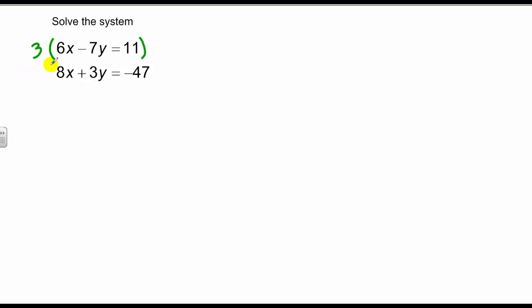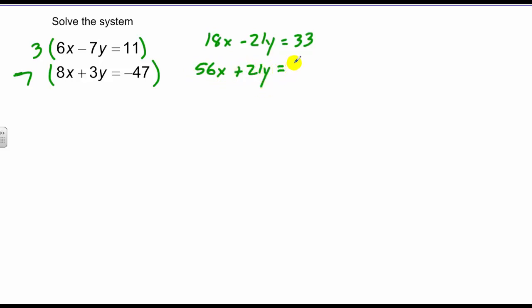So I'm going to multiply the top by 3, the bottom by 7, and then I'll get opposites. The top is going to be 18x minus 21y equals 33. The bottom will be 56x plus 21y is equal to 329.